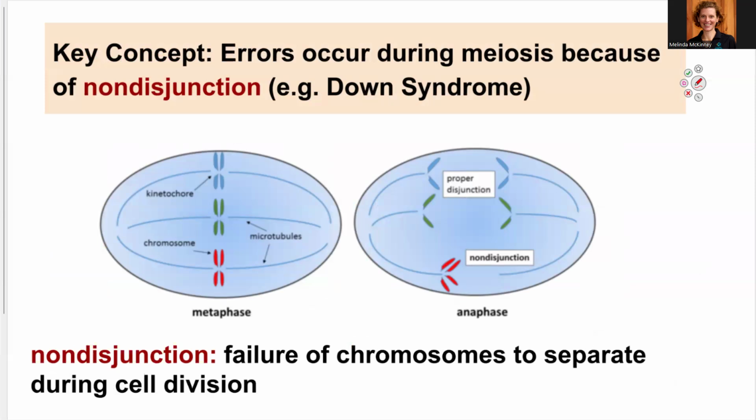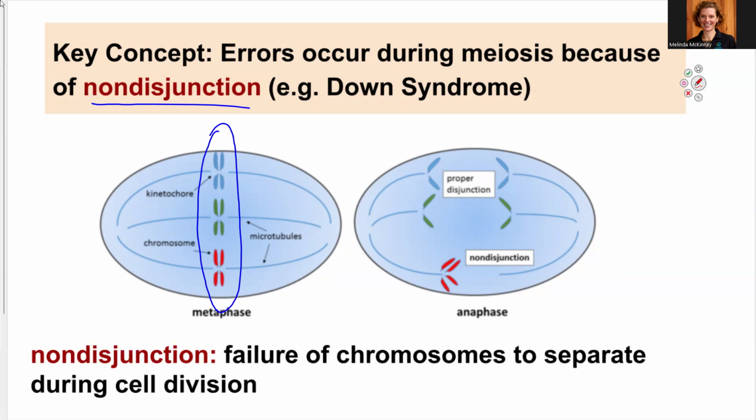All right, this topic actually was introduced previously. Non-disjunction: errors occur during meiosis because of non-disjunction, where the chromosomes don't separate equally. Usually they line up during metaphase. This is showing us the second round of cellular division in meiosis, where the sister chromatids are lined up in the center.